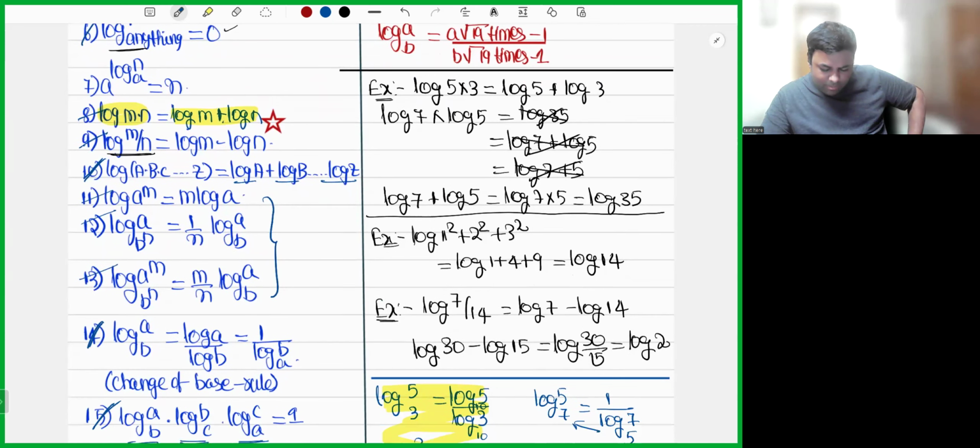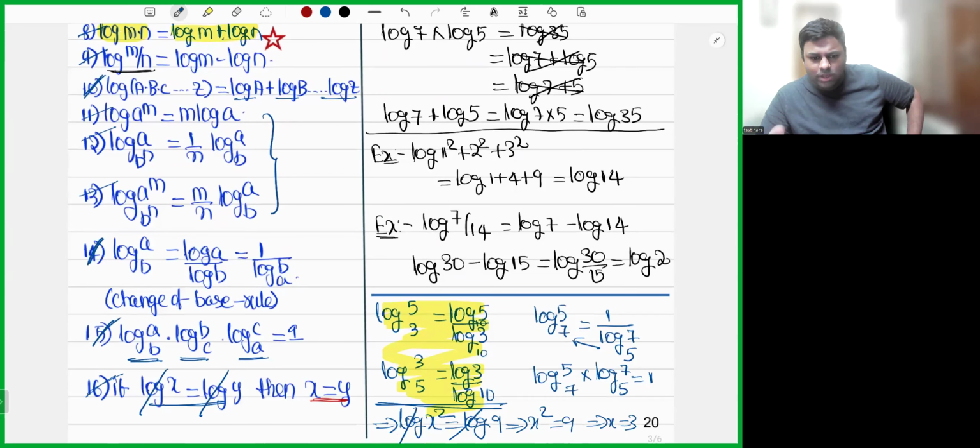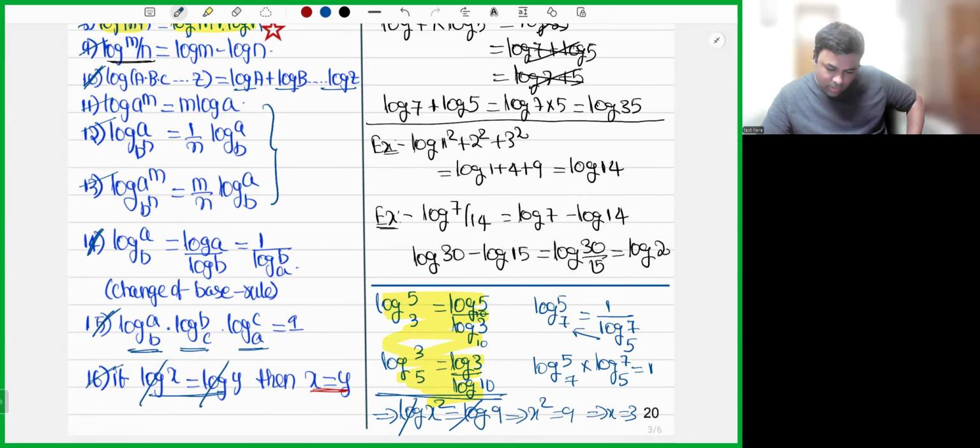Next, log a power m base b power n is m by n log a base b. Next, we have seen two base shifting properties. Log a base b can be written as 1 by log b base a, or log a base b can also be written as log a by log b. Next, log a base b, log b base c, log c base a is equal to 1. Next, I said if two logs are equal, log will get cancelled and x will be equal to y.